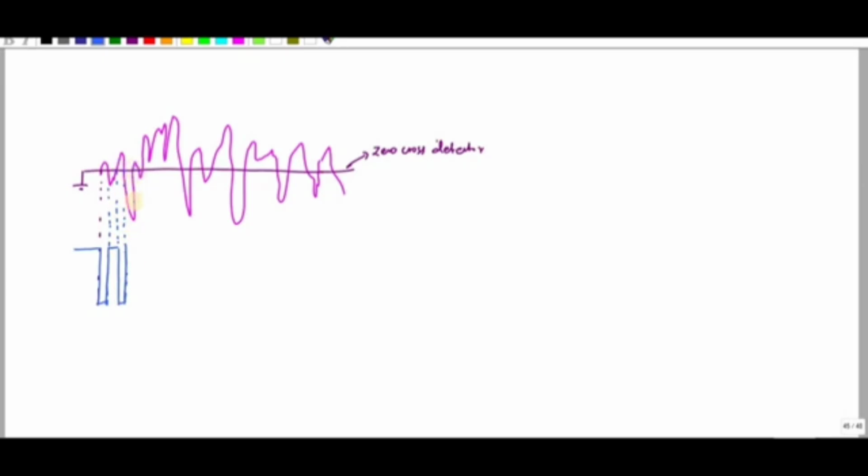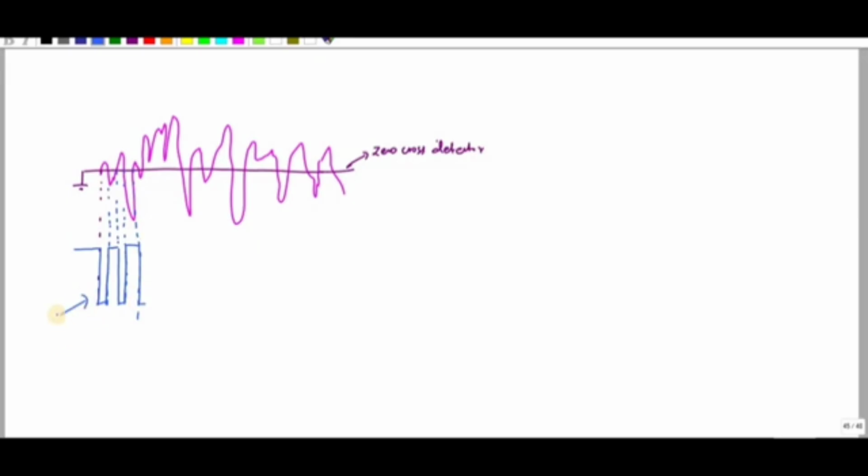At this point again the pink value is greater than the zero value, so again it goes to 0. So you can see there is a lot of triggering happening.